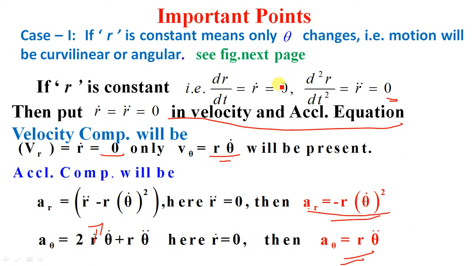There is no way to remember this separately; you just put in the values when r is constant. When r is constant, its derivatives also become 0, and substituting in the previous formulas, you will get your answer.